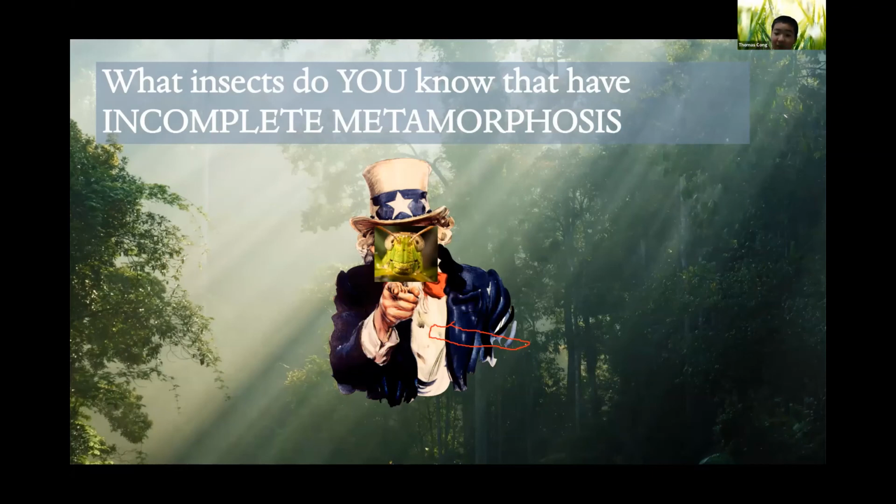So cockroach is very similar to termite. Actually, they are very close. So that means cockroach has incomplete metamorphosis. So that means termite also has incomplete metamorphosis. Okay, so my bad. Termite also has incomplete metamorphosis.